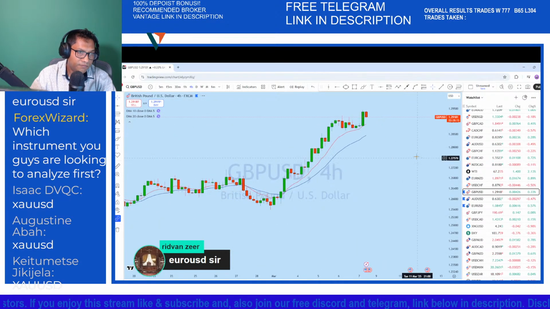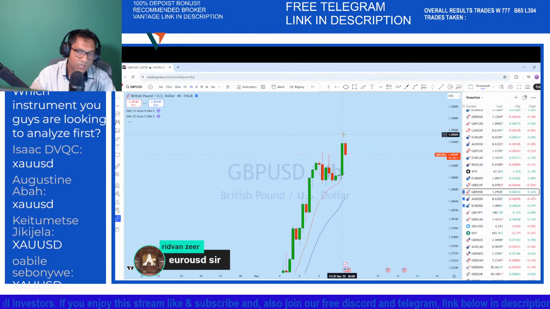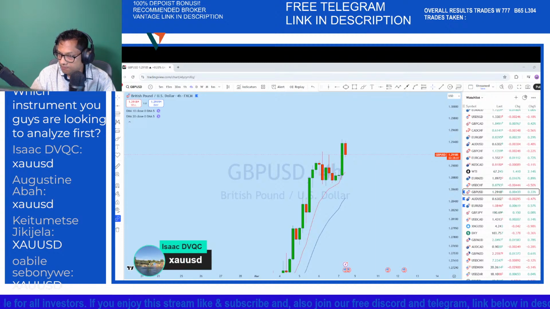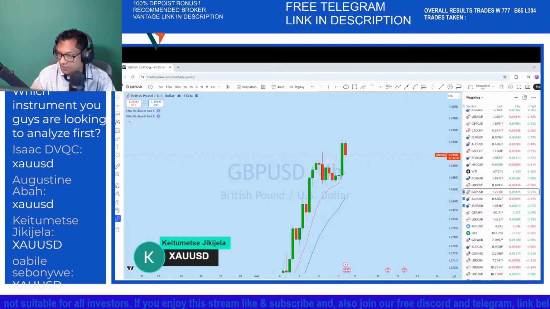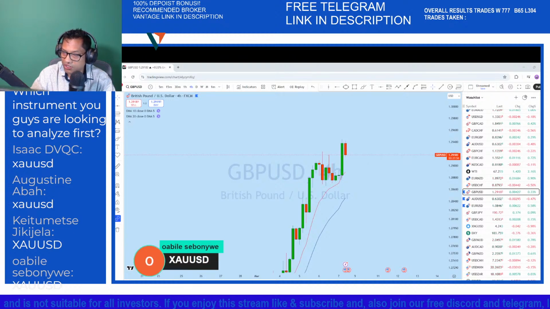British pound US dollar, after this breakout. So you see that Isaac wants XAUSD, Augustine XAUSD, KTMS XAUSD, Wabile XAUSD. Anyone else XAUSD? Anyone else has EURUSD to start with?